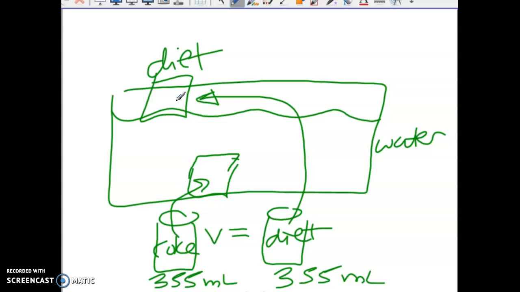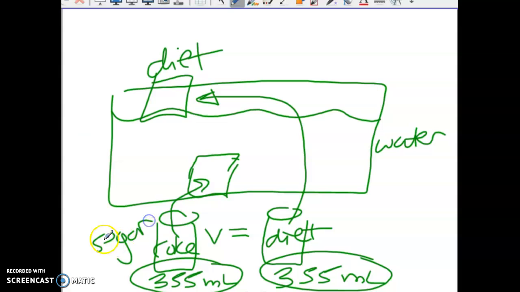Part of your explanation, you may have had your prediction completely wrong, and that's okay. But part of what this has to do with is how compact are the particles in that same volume of space? Because remember, the volume that both cans are taking up is exactly the same. The main difference between the two is that regular Coke has a lot of sugar that has been added and dissolved into it, whereas Diet Coke does not have those extra particles.